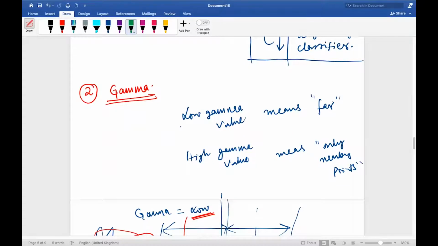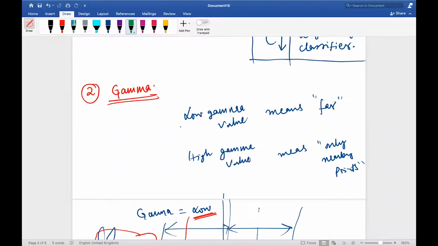All the hyperparameters that you study in machine learning, usually you have to tune them. We need to find the best possible value for that data set. But you have to understand the requirement of your data, whether you want a low gamma value or a high gamma value according to your data. Otherwise, it is going to be very tough for us.